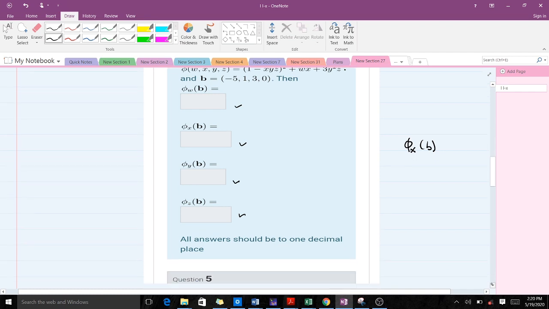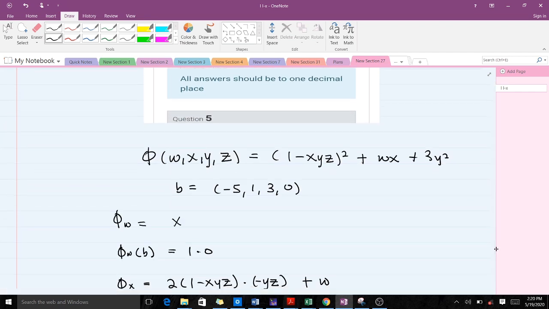Alright, so let's start solving it. So you realize that our phi of w, x, y, z, the function, was given to us as this that we have here, and this was b. So the first one says we should find phi w, which is the same as the partial derivative of our function phi with respect to w. So we realize we are differentiating with respect to w, so the whole of this will be 0.